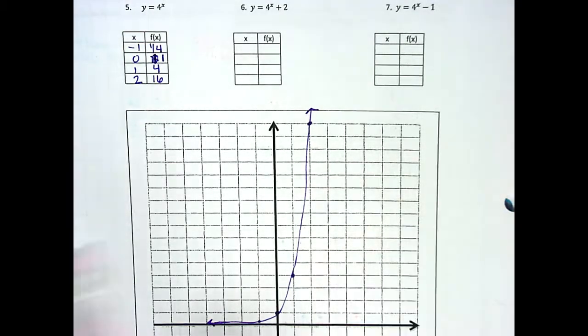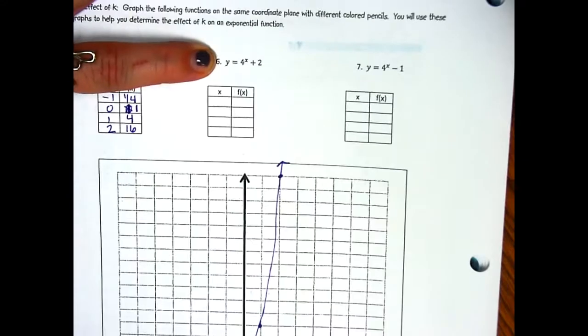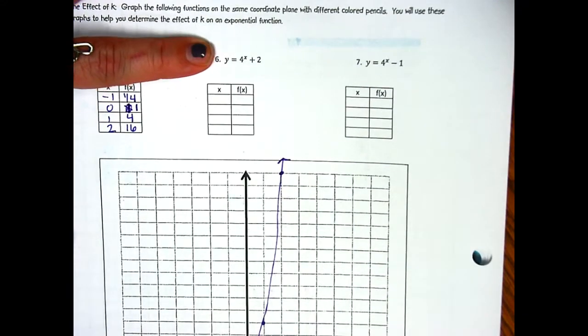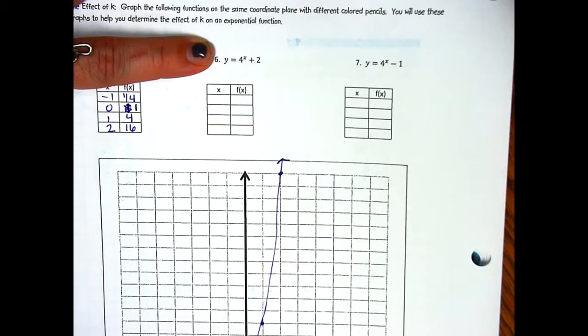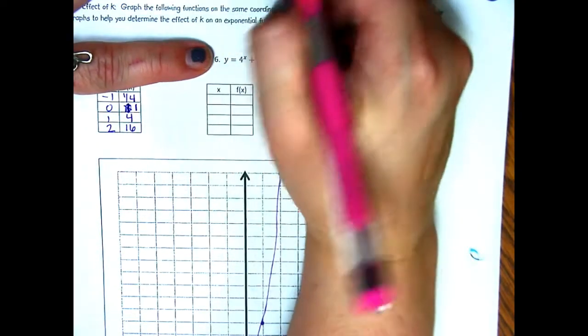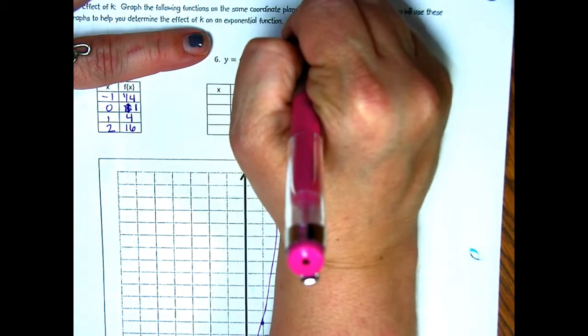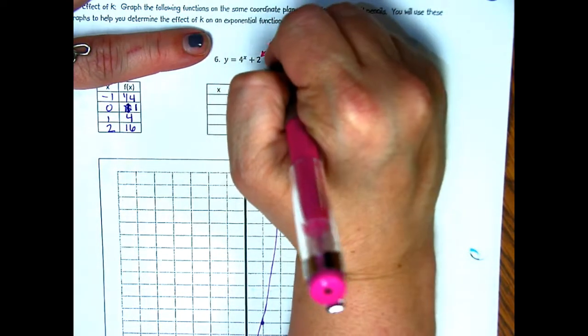For my next graph, I added 2. So we changed the k to +2. And using what we know of the effect of k, we should be able to predict that this is going to shift up 2 units.